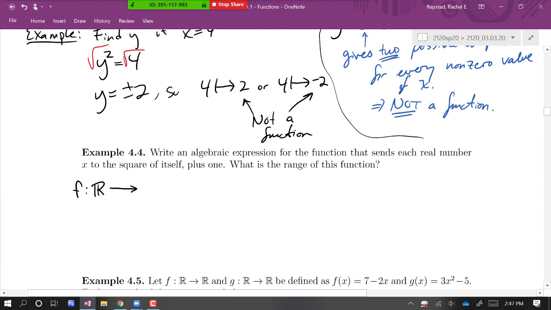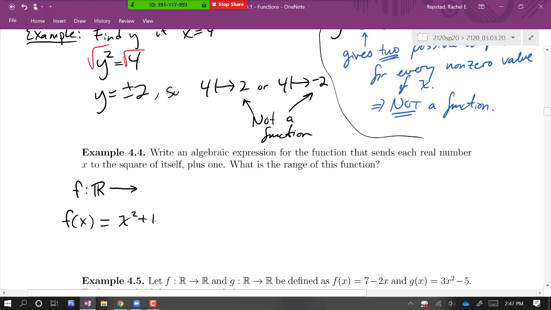But what is f of x? Where does it send x as an expression? Yep, x squared plus 1.